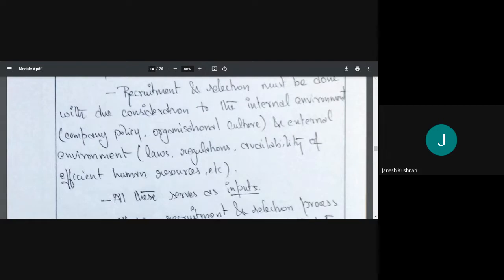In a system, we have input, transformation process, and output. Whenever we are choosing the input, we have to take care that the external and internal environment factors are considered. So these form the input.